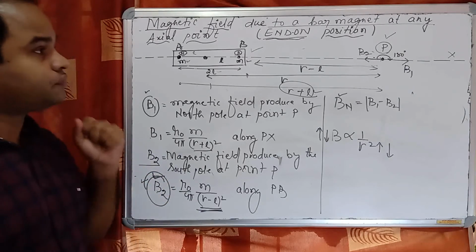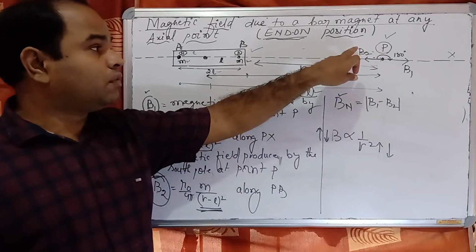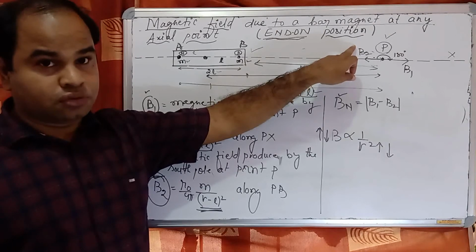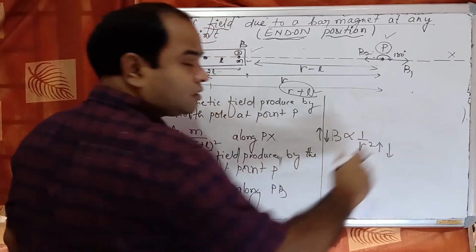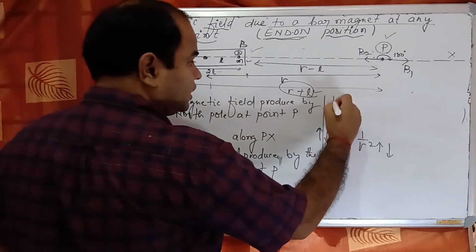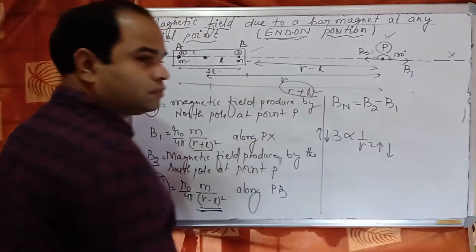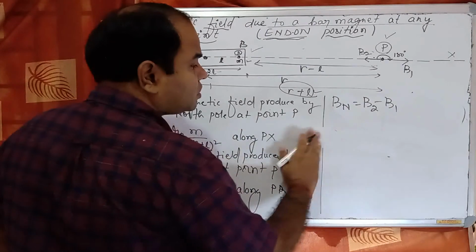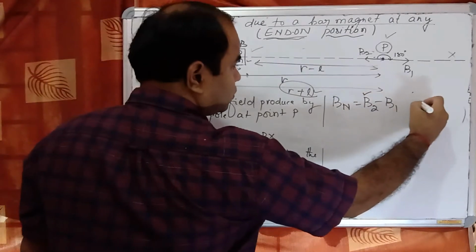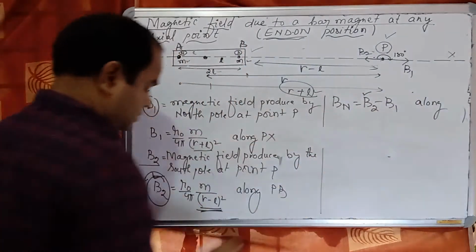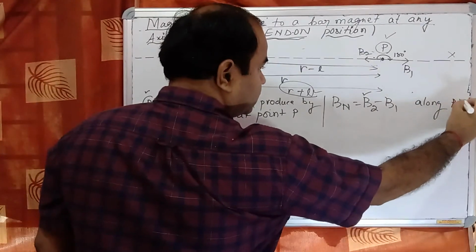That means at point P, the magnitude of the magnetic field of B2 is more. So B net is bigger minus smaller, that is B2 minus B1, and the direction is along the bigger vector, that is along PB.